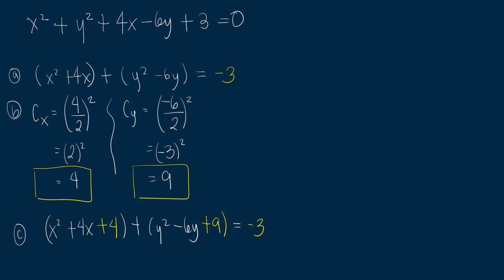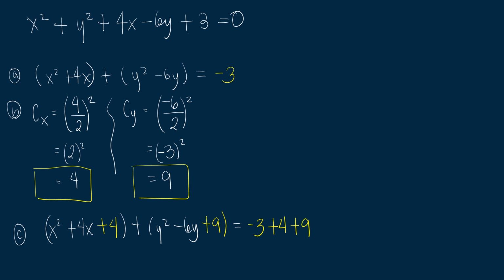But we are not yet done. According to the properties of equality, whatever you have done to the left side should be done on the right side. Since we added 4 and 9 to the left side, we should also add them to the right side. So we will have plus 4 and plus 9.